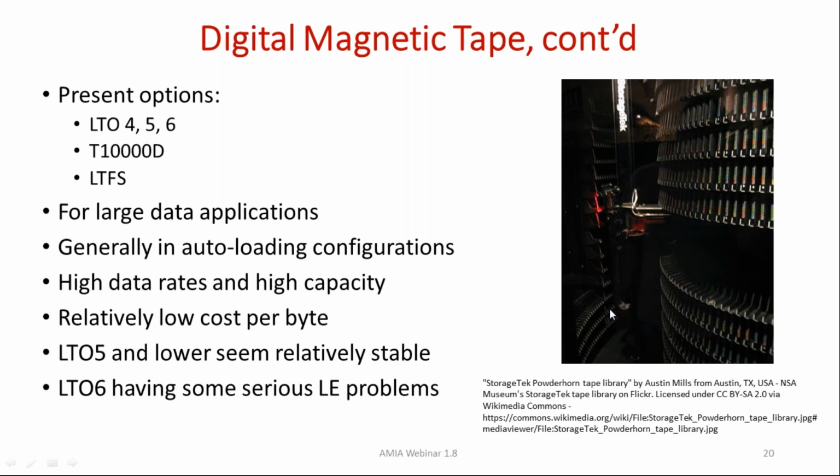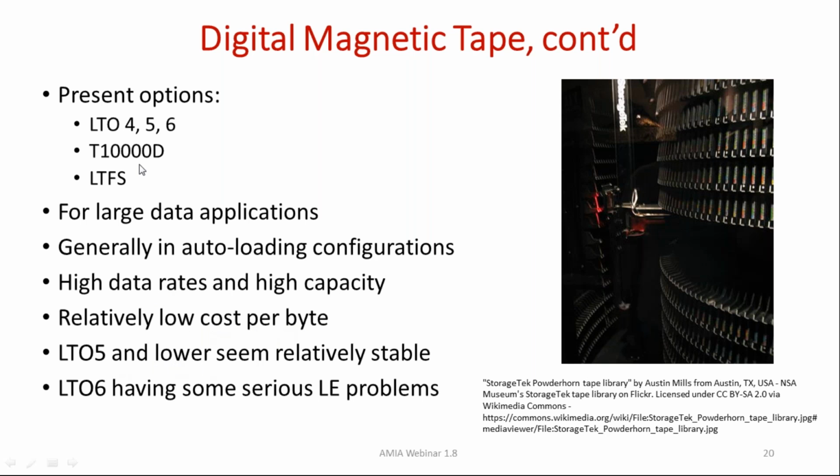So 1,000 times 10 terabytes would be 10 petabytes. They do have high data rates and very high capacity and a very low cost per byte. There isn't anything out there that I'm aware of that has a lower cost per byte except for optical. Optical actually is less expensive per byte.